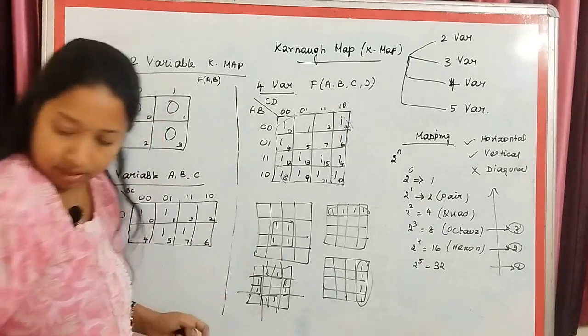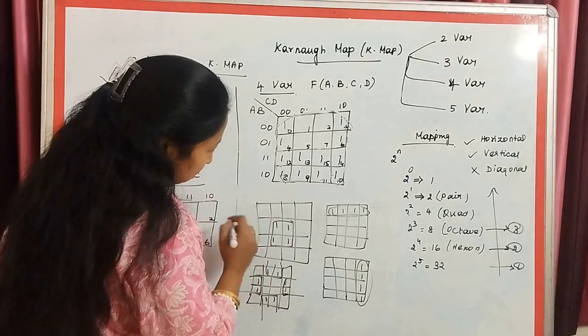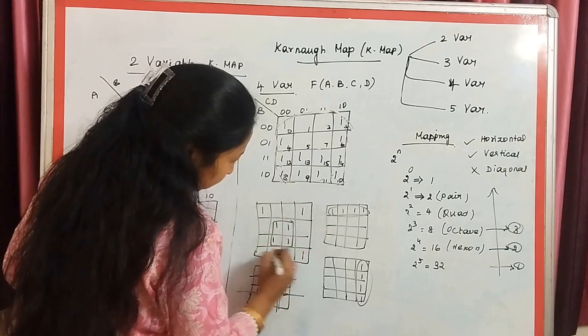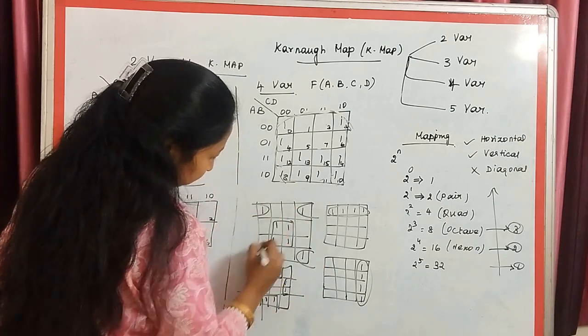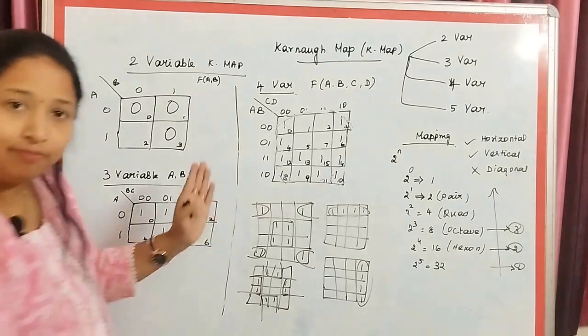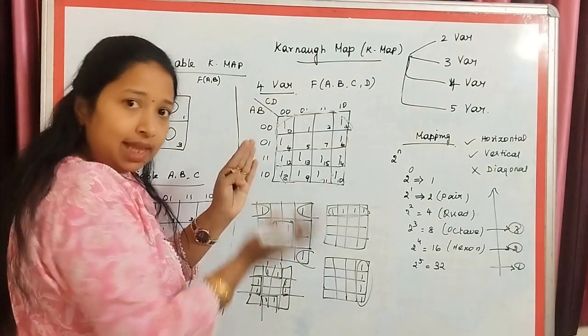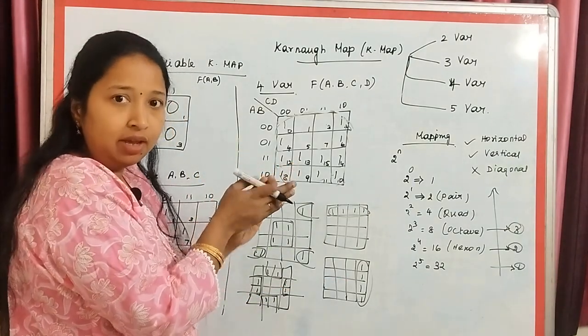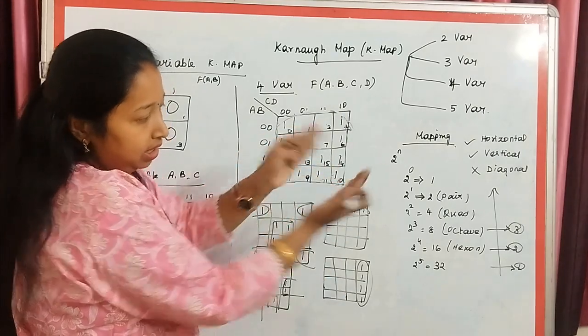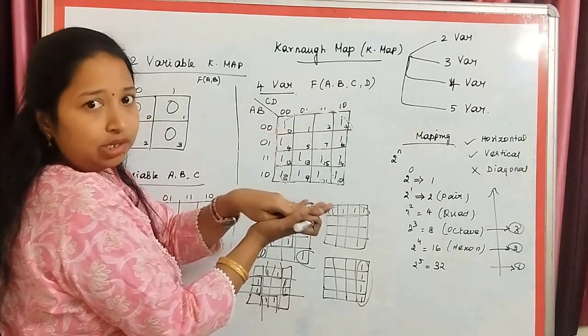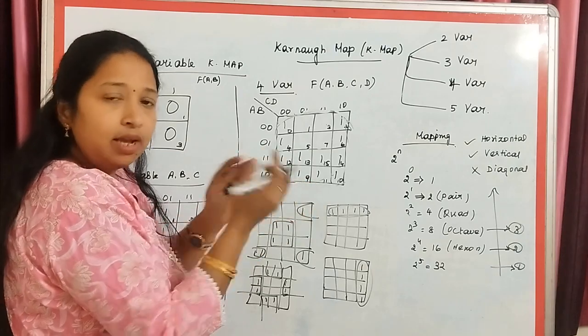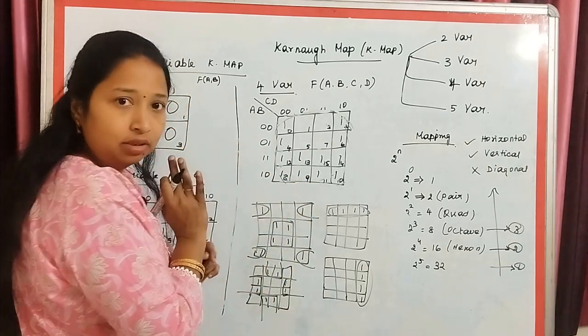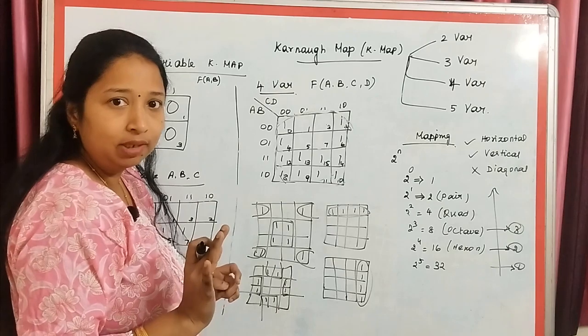The other possibility is if I have ones in all the corners. This is something like I am folding the paper vertically and then folding it horizontally. Either way, when I fold it, all the corners come together. So this again can become a quad.